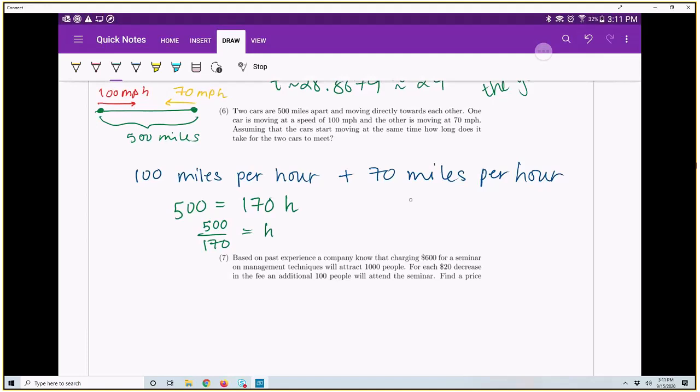And 500 over 170, well, that's just 50 over 17. And so 50 over 17 should be almost 3 hours. 2.9412 hours if we round to 4 decimal places. Okay, so that answers that question.